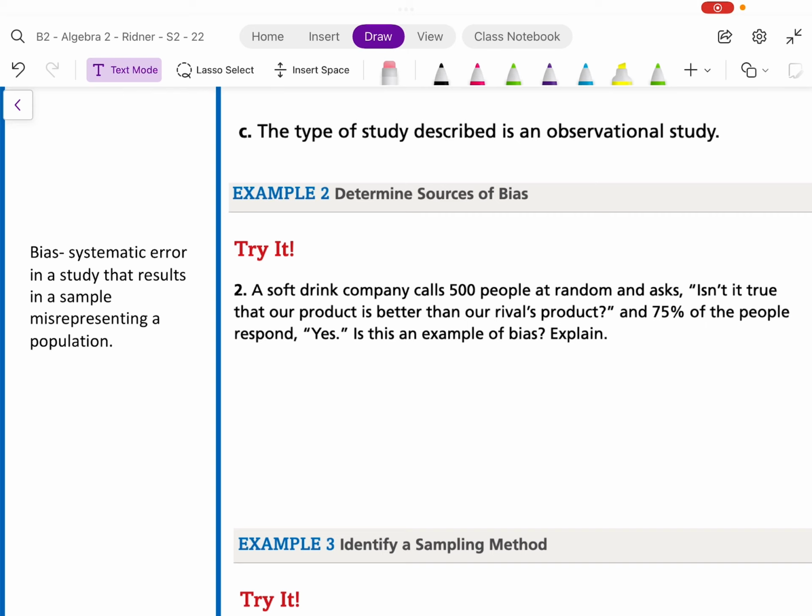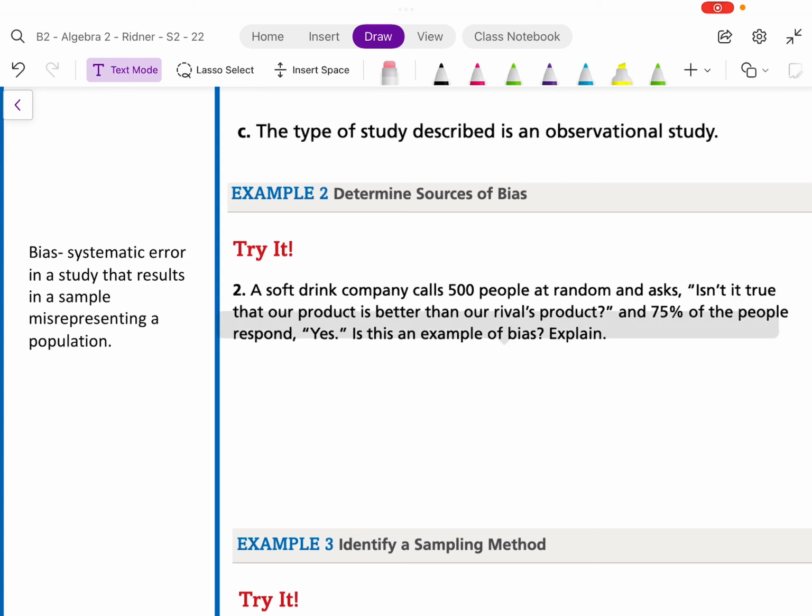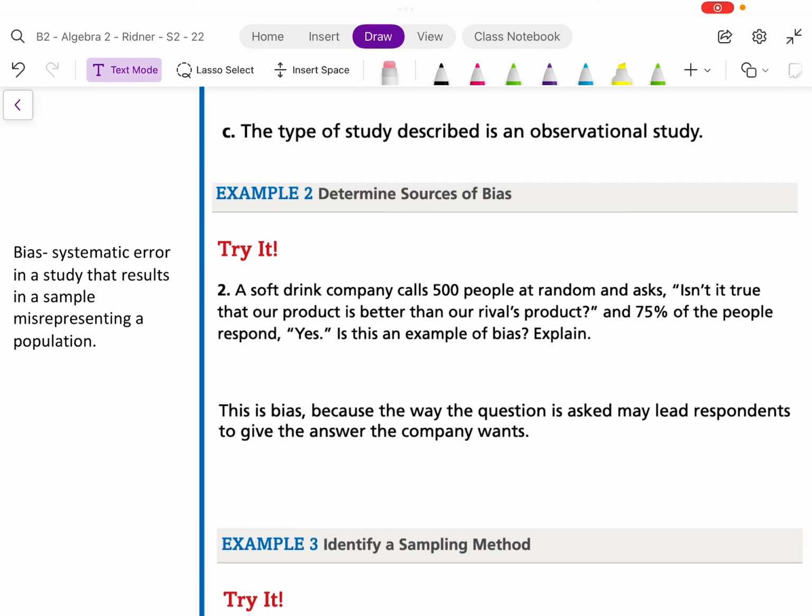So in this case, it says 75% of people respond to that. Is it an example of bias? And explain. Well, yes, this is bias because the way the question is asked may lead respondents to give the answer the company wants. So instead, you might want to rearrange that to say, which product do you think is better, product A or product B? Never saying which one is yours or which one's the rival's product, but just asking in general.